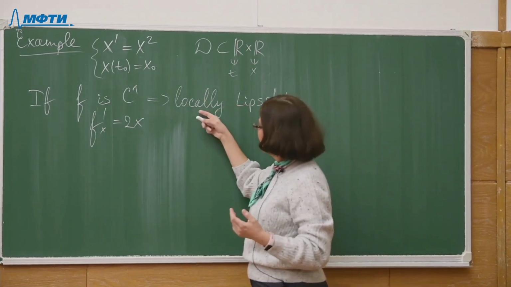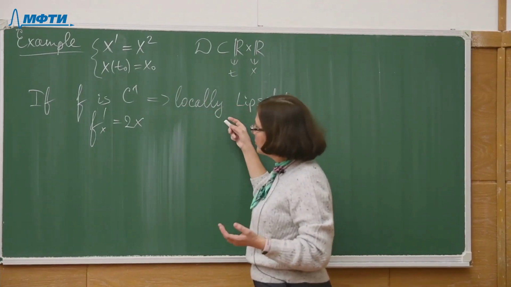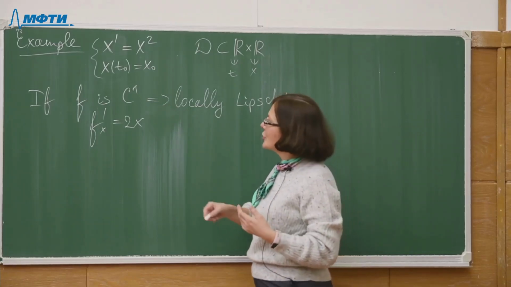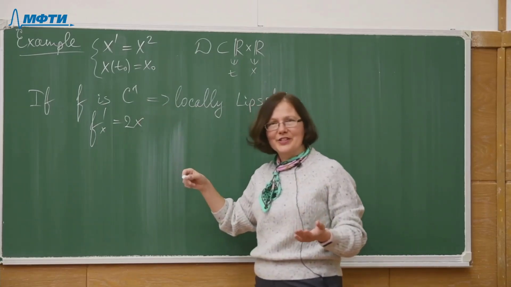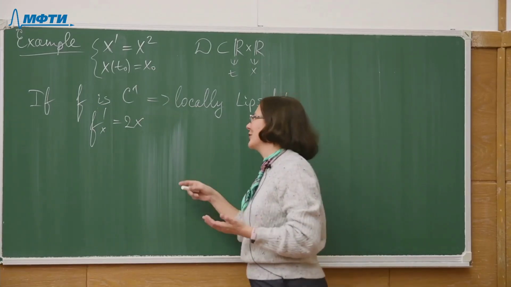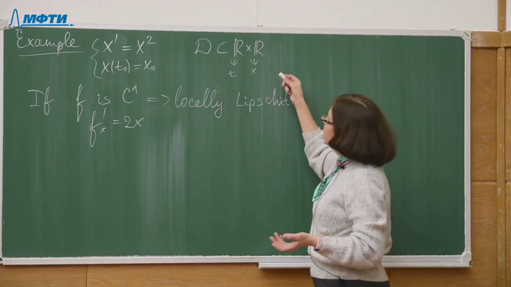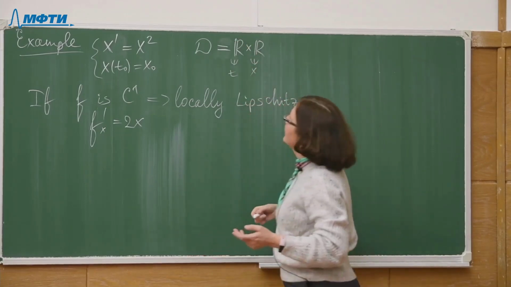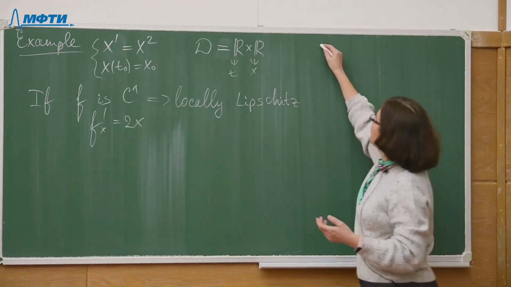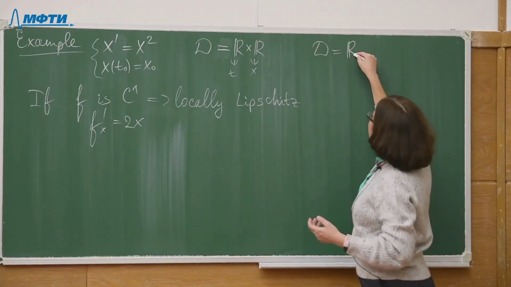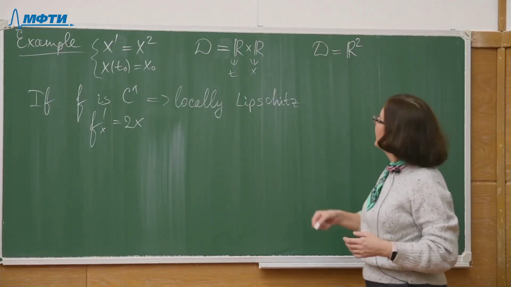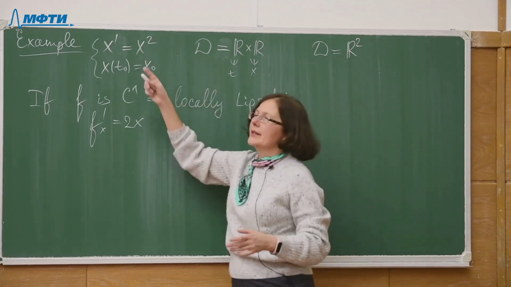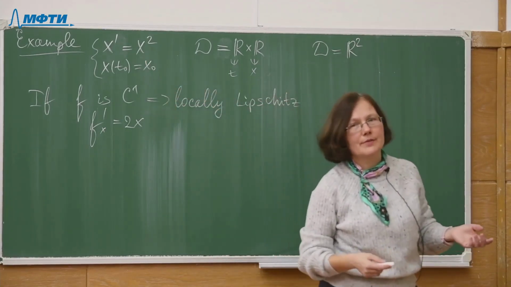If the function is locally Lipschitz, it need not be C1. But usually we deal with C1 functions, so it is not difficult. Right, C1 and locally Lipschitz, and so we may take D equal to R2. We may consider this domain R2 because everywhere this function is continuous and locally Lipschitz.